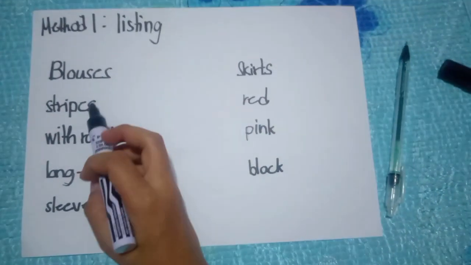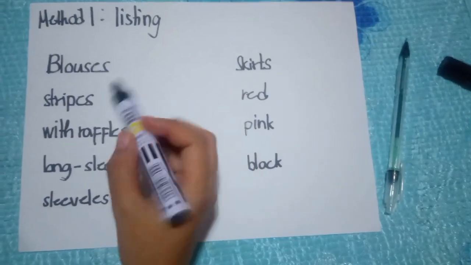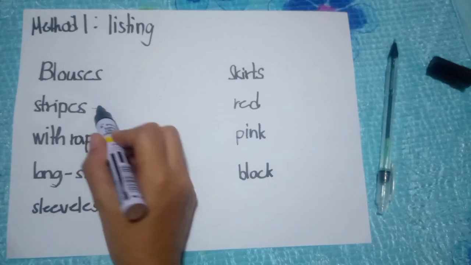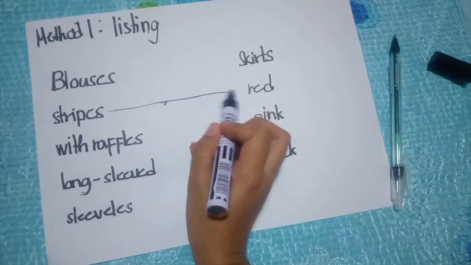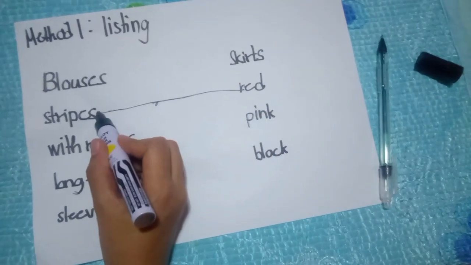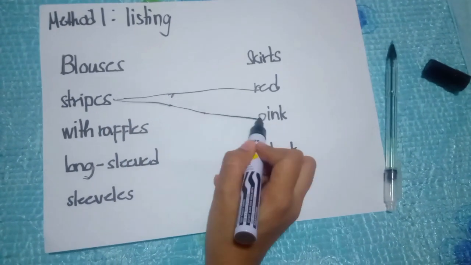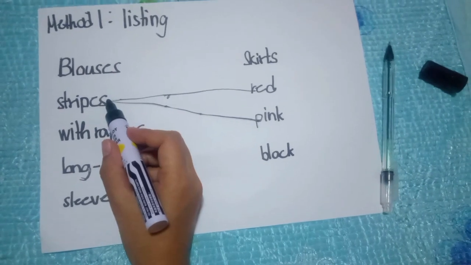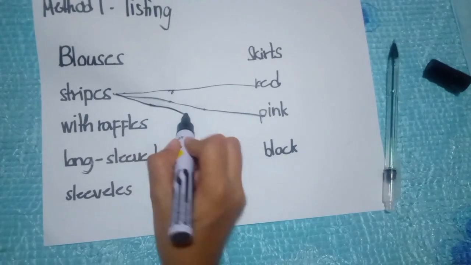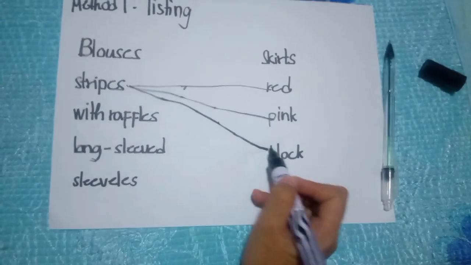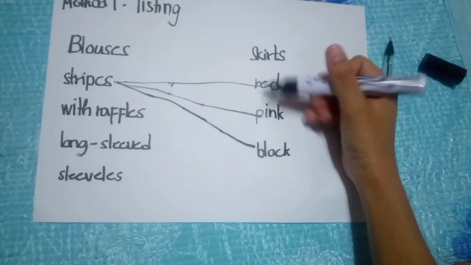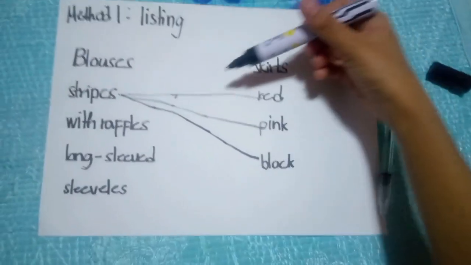The stripes blouse can be paired with the red skirt. Next, the stripes can be paired with the pink skirt. Then the stripes can be paired with the black skirt. So we have three pairs for the stripes.